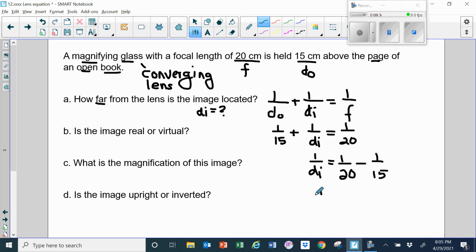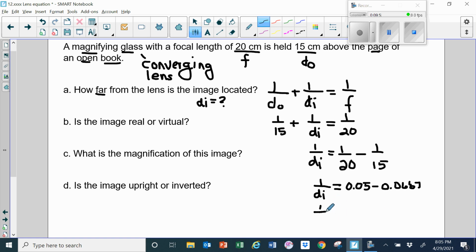Then I get 1 over DI equals 0.05 minus 0.0667. And finally, I get 1 over DI equals minus 0.0167.